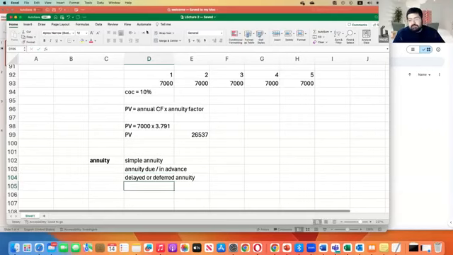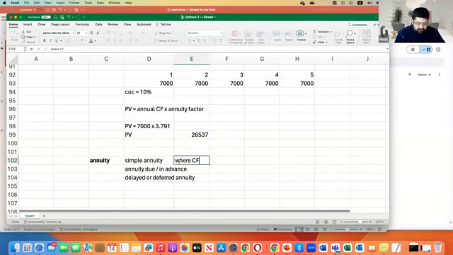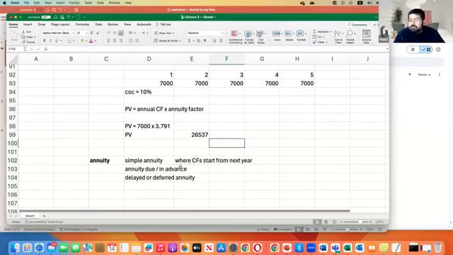So simple annuity is where cash flows start from next year. Year one, just next year. And we have talked about that above.